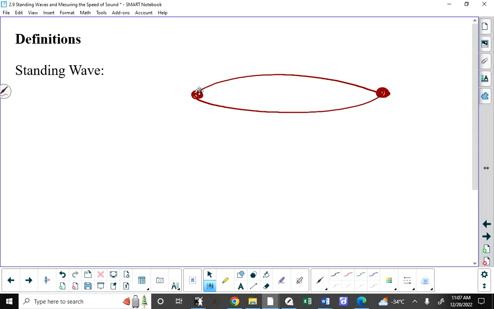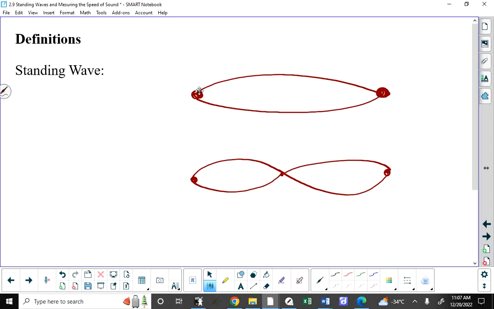And with that same guitar string, you can get it to oscillate so that you get a wave traveling to here that reflects back and matches up with the wave traveling to the left. So the reflected wave and the original wave are oscillating in kind of unison.